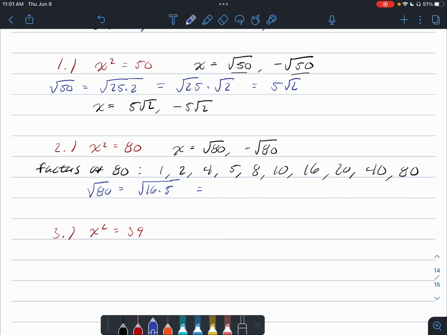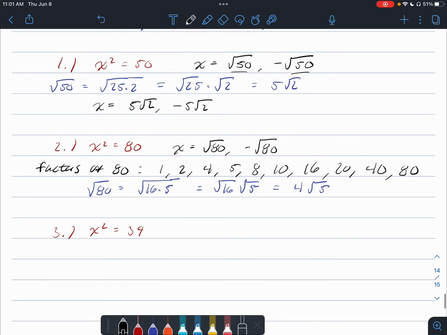So we can rewrite this as the square root of 16 times the square root of 5, which is equal to 4 times the square root of 5. And therefore we can write our answer as 4 times the square root of 5 and negative 4 times the square root of 5.